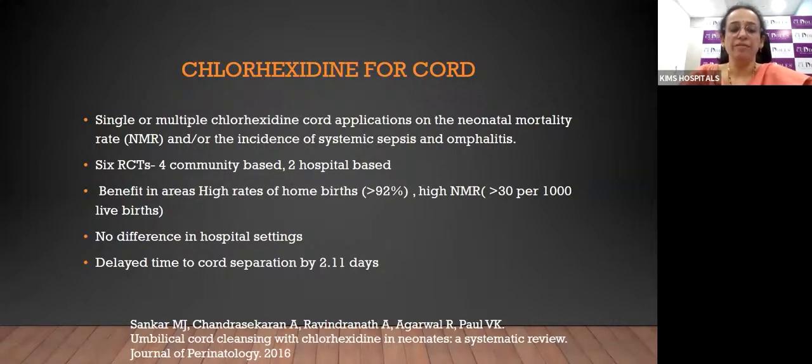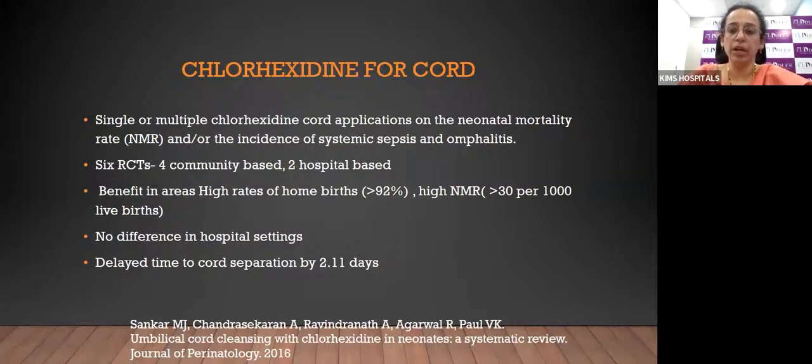There was definitely a benefit in areas which had high rates of home births, particularly more than 92%, with high neonatal mortality. So the application of chlorhexidine multiple times, until the first 10 days of life, has been shown to reduce the incidence of systemic sepsis and omphalitis in areas with high NMR, but there is no difference in hospital-based settings and where the NMR is very low.